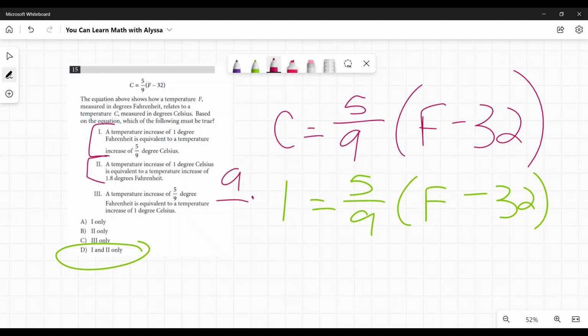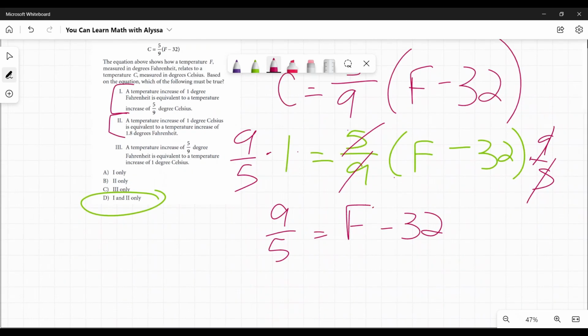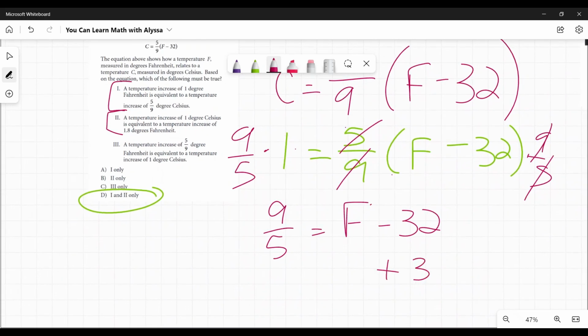And you would need to multiply by 9/5 on both sides. You get 9/5 on the left. All right, this 9/5 cancels out with 5/9, leaving F minus 32. And then you would add 32 to both sides. So Fahrenheit equals 32 plus 9/5.